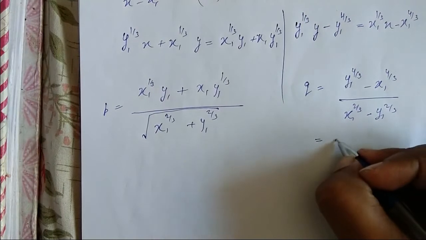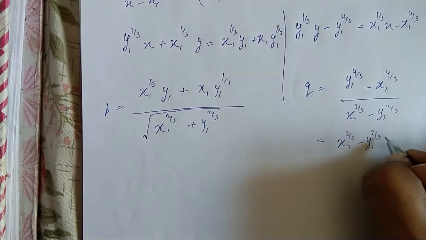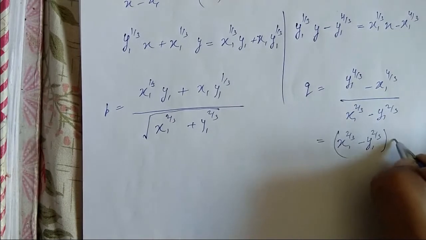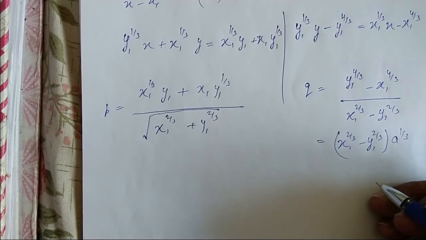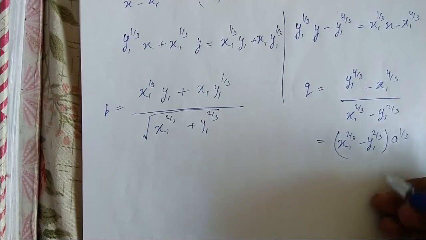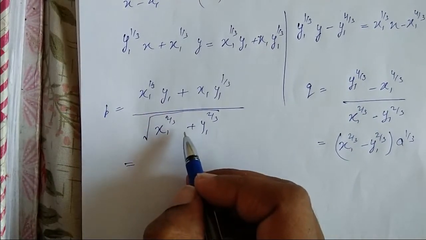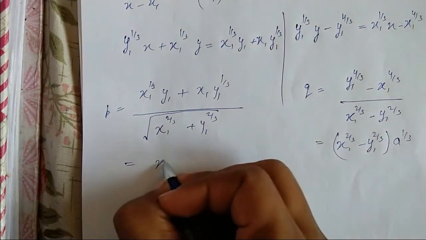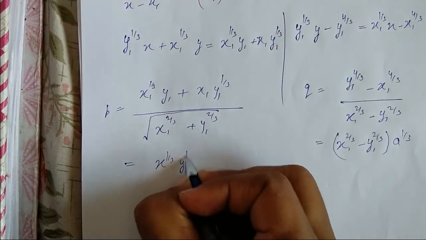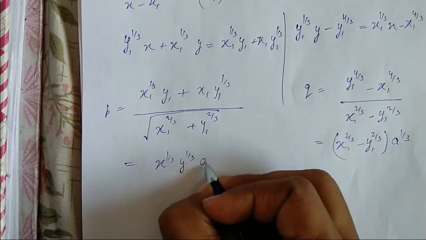So this in turn is equal to 2 by 3 minus y1 power 2 by 3 into a power 1 by 3, and this in turn would be equal to x power 1 by 3 y power 1 by 3 into a power 1 by 3.